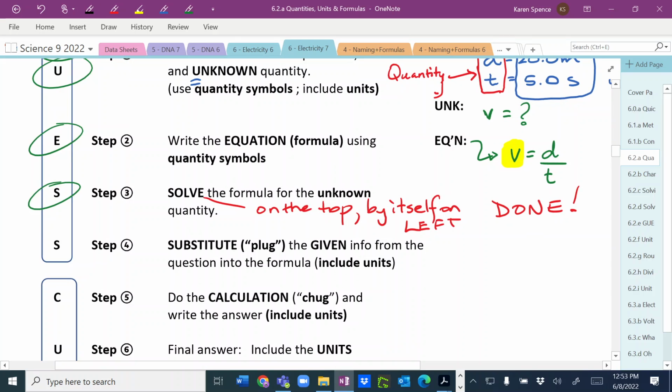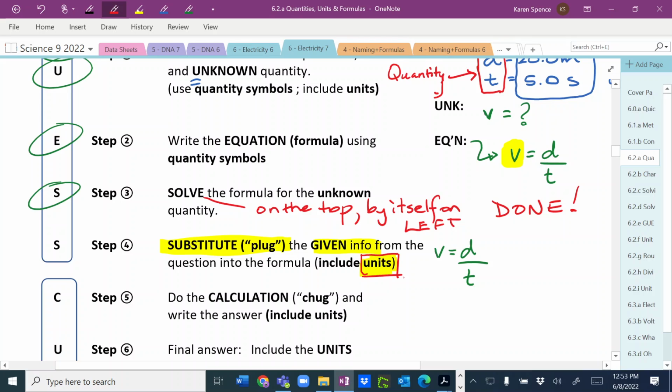And then we are going to substitute. So we would say we have our equation v equals d over t. That's our equation. And we are going to plug in or substitute in the given information, and we're going to make sure we include the units. I'm going to put a star beside units because this is one place where math and science tend to differ.